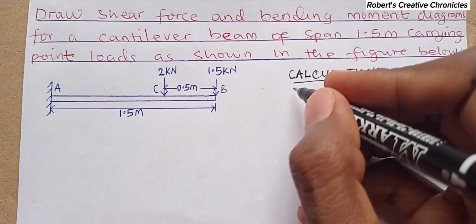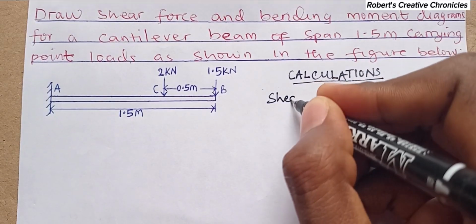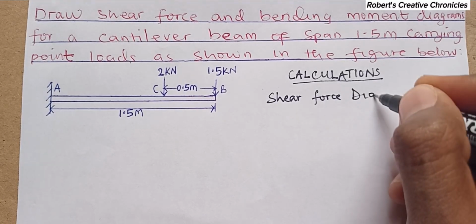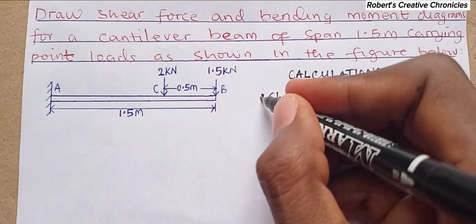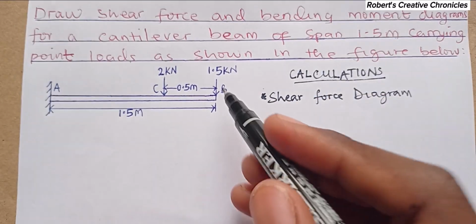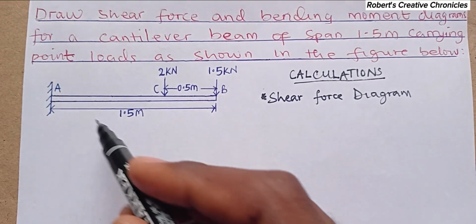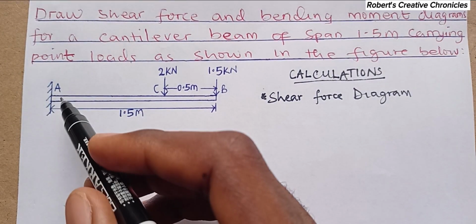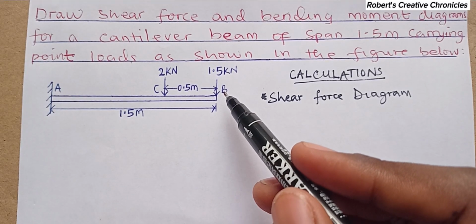So let's start with the shear force. We will calculate the shear force at each section, which is B, C, and A. This point A is the fixed end of this cantilever, and point B is the free end of the cantilever.